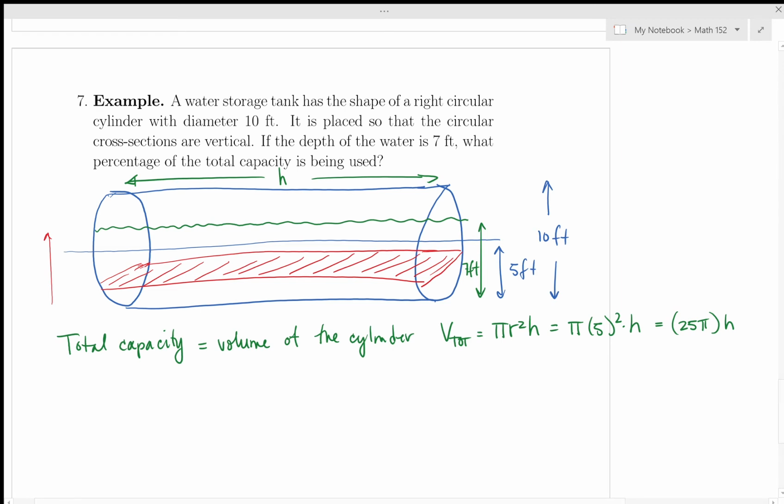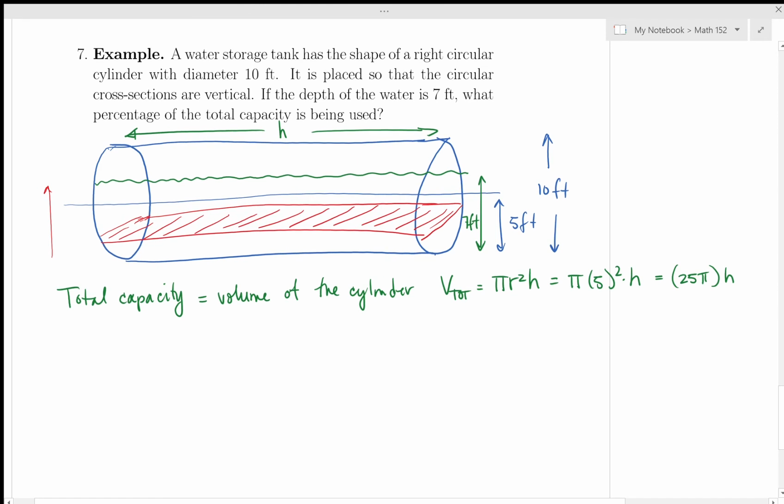So the area of that cross section, I'll just put it in words, of the vertical cross section is equal to h times w. H is a constant.